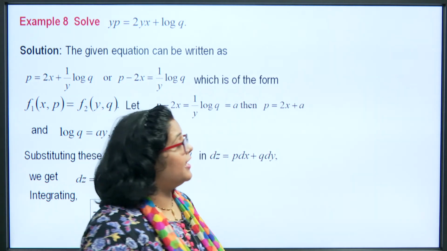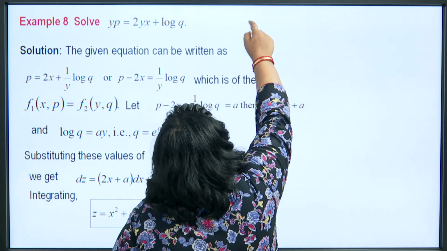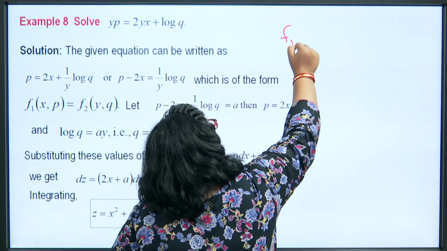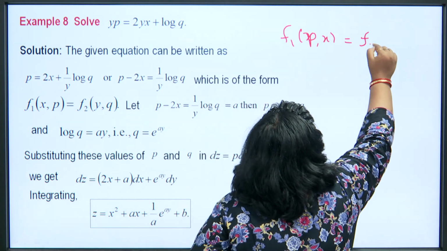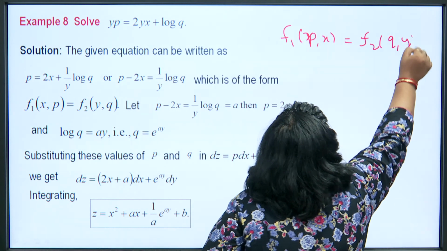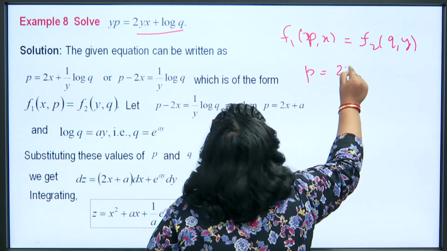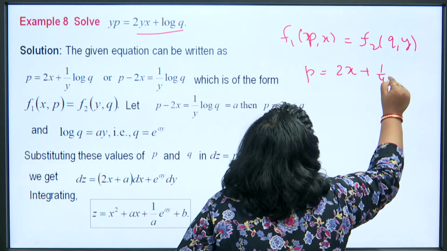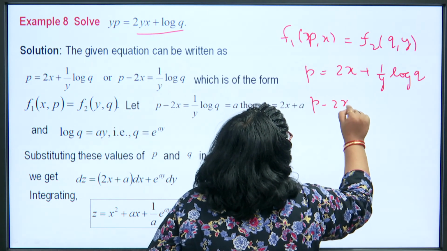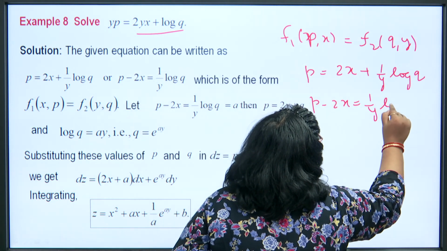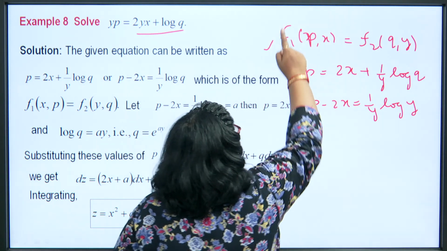So it is type fourth, where we can write it in the form f1(x, p) is equal to f2(y, q). For this equation we can write p is equal to 2x plus 1 by y log q, and p minus 2x is equal to 1 by y log q. That means this equation is written in the form of type fourth.